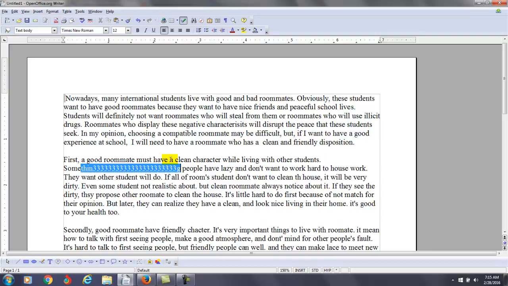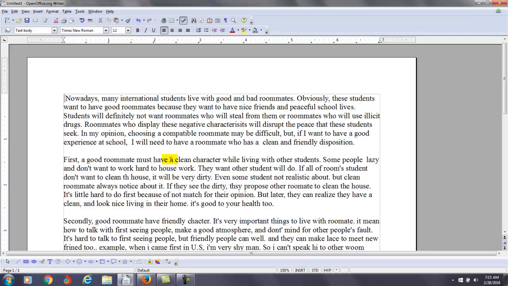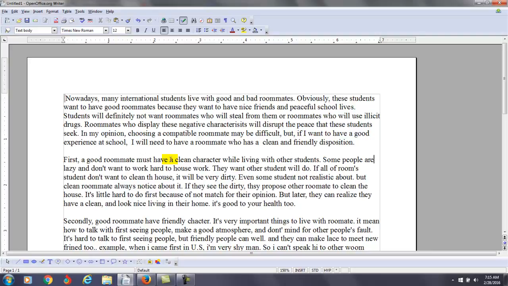You might say some people are lazy. Use the be verb here to introduce the adjective because it is a complement. Now, if you put an adverb after this word, I would definitely put have. But in this case, some people are lazy and don't want to work hard or do housework.